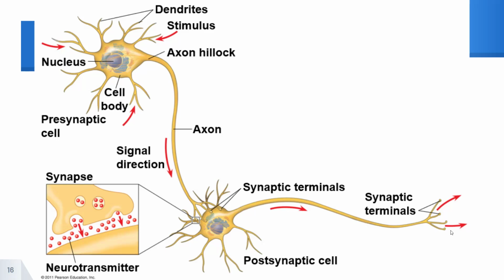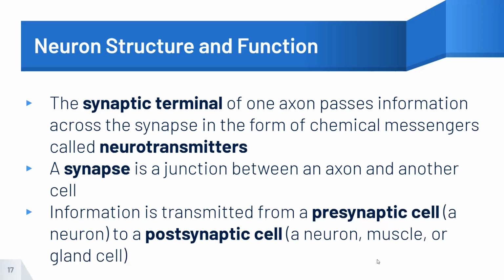Because you've got that synapse there, the first cell is called the presynaptic cell. And then after the synapse, you've got your postsynaptic cell, because again, you're going in one direction only. So the synaptic terminal is going to be the end of the axon where the neurotransmitter is secreted from.